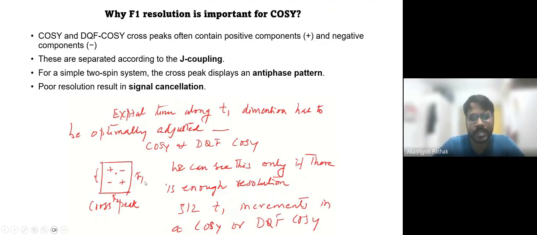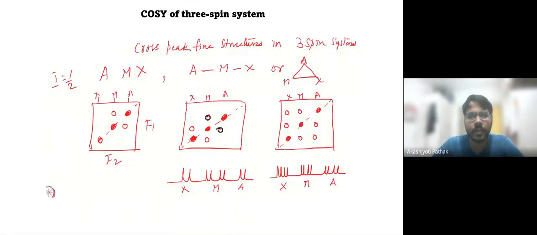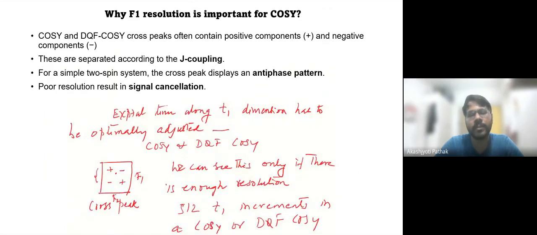If you do not optimize it sufficiently, then your positive and negative peaks can cancel each other. Now, it was mentioned in the lecture that this T1 is selected in a way that it is around 512.